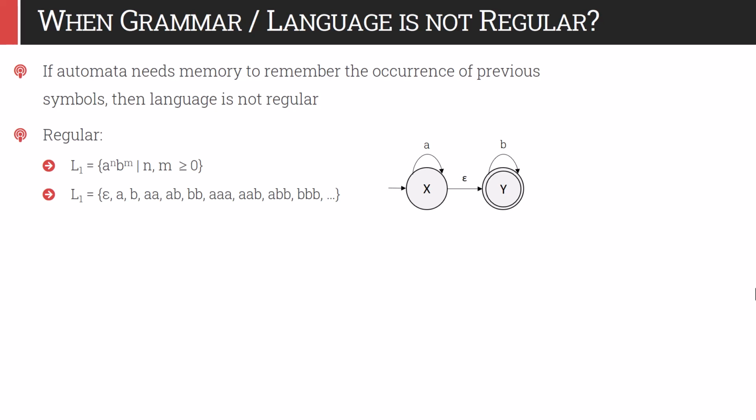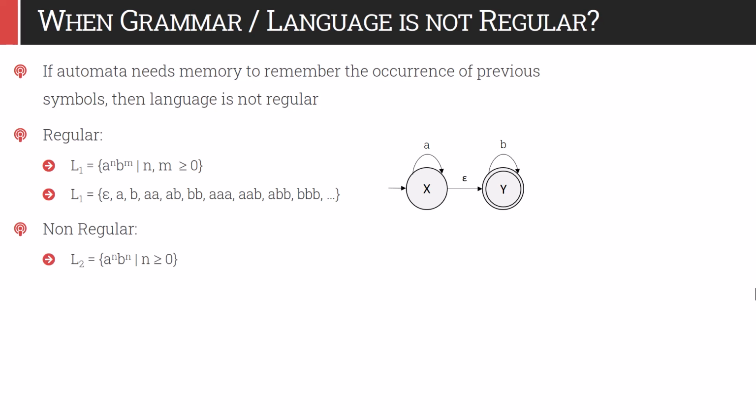From state x, we will keep reading a's, and once we are done with a, we can read epsilon. We can move to the y state, which is the final state, and from that we can read any number of b's. So this will produce the empty string. It can produce a, it can produce b, it can produce aa, ab, bb, and all the strings which are present in the language.